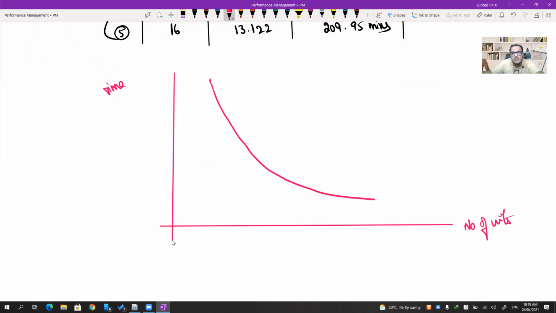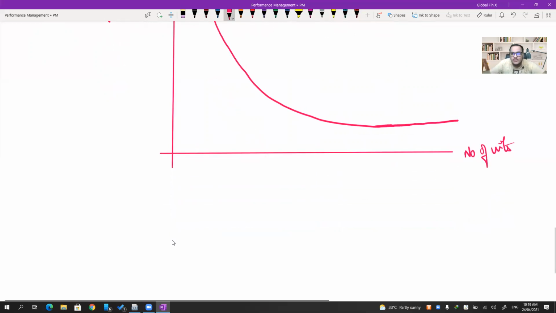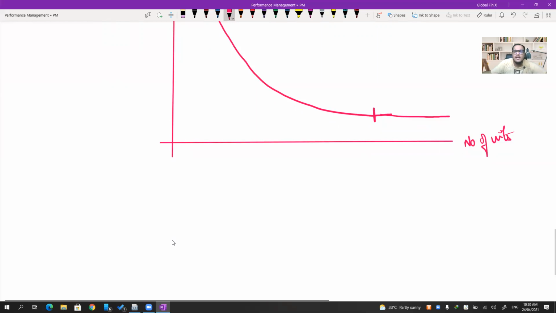But once it reaches a point where there is no more chance of learning, from that point it just goes parallel to the x-axis. That's all. This is the point where your learning curve effect would stop. Clear?